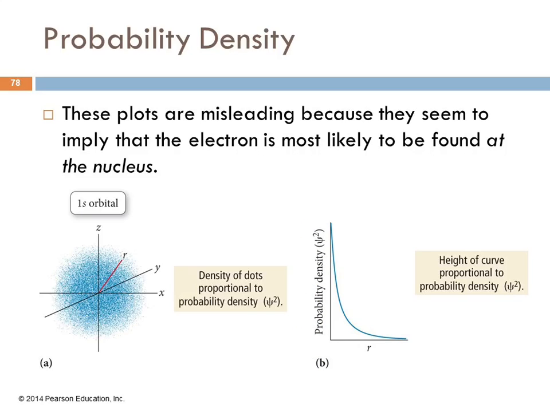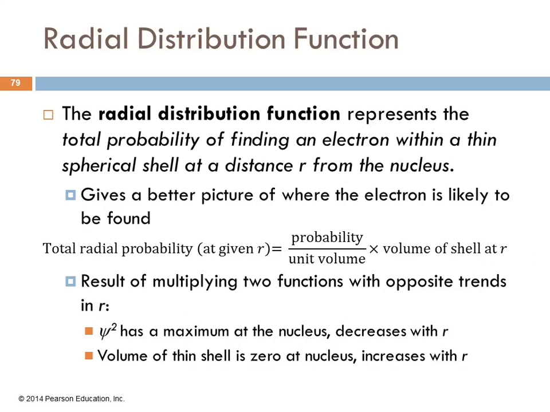This isn't really very accurate because is the electron right at the nucleus? No, it is not. And so a plot like this is a bit misleading because it implies that most of the electrons are going to be found at the nucleus, and that's not correct.